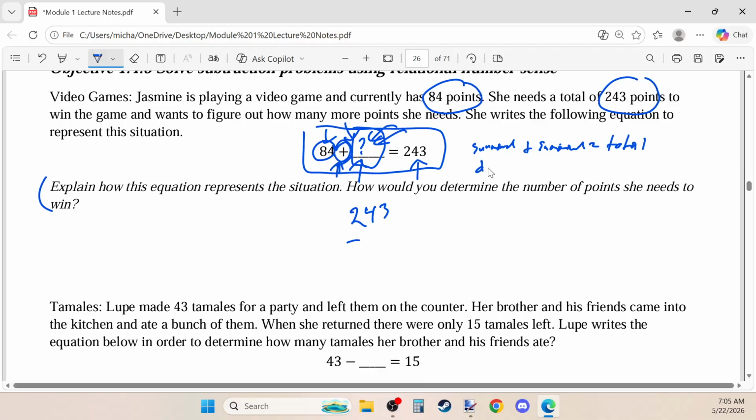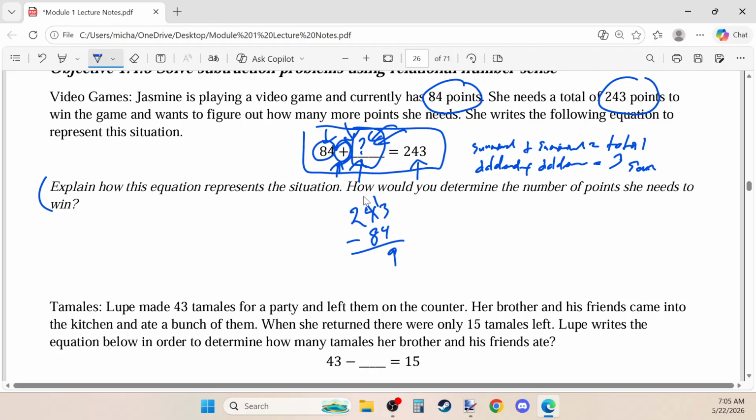Or I think these are also called addends. Equals the sum or the total. Anyway, I have 243 minus 84.